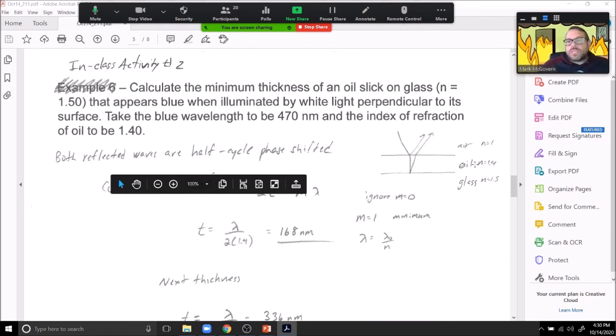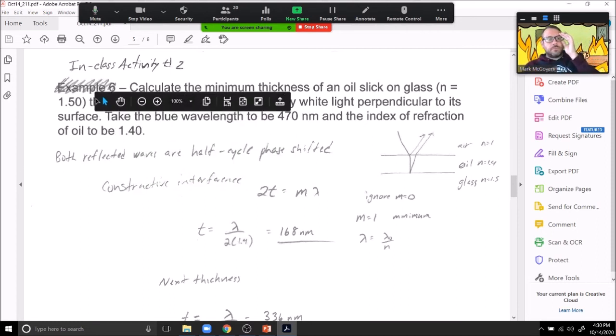And at the oil to glass boundary, we also have a phase shift. That means there is no relative phase shift. Both waves are half cycle shifted. There is no relative phase shift.